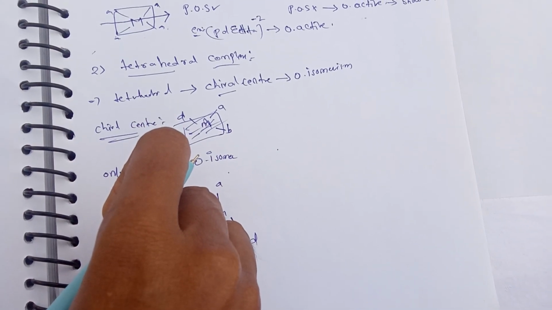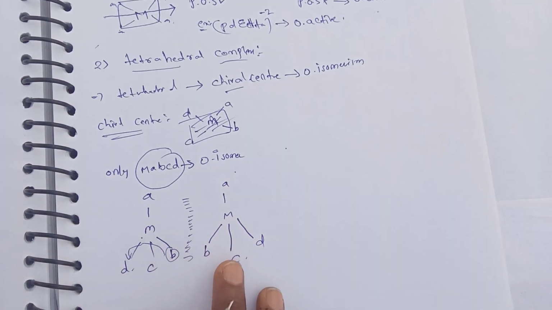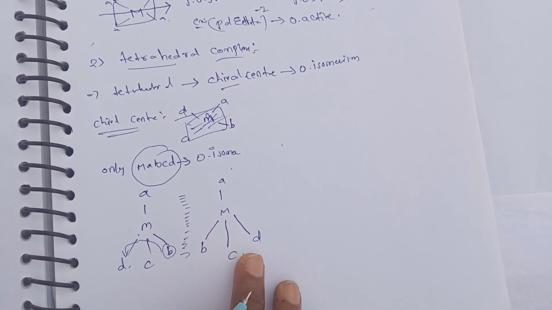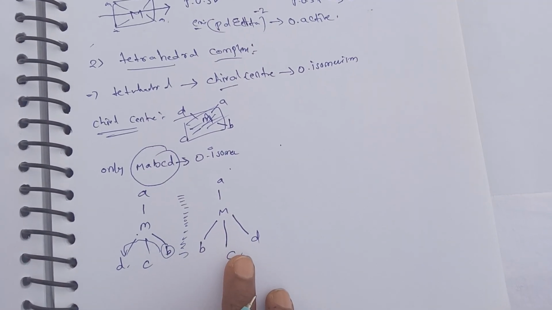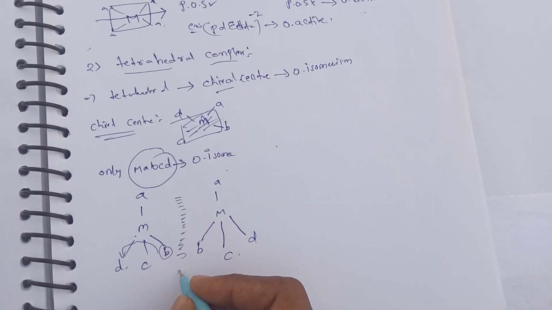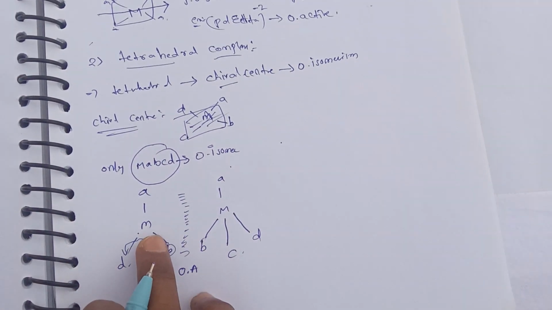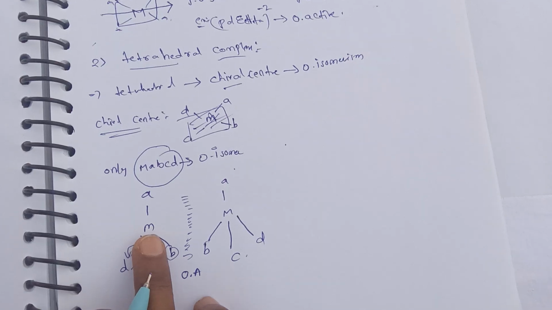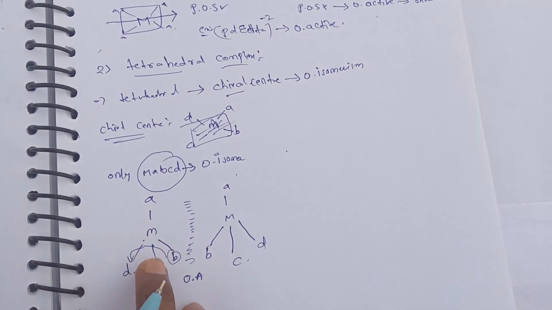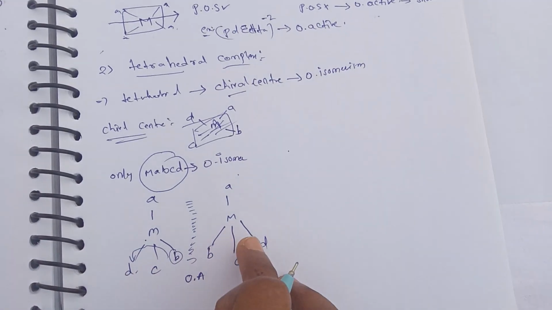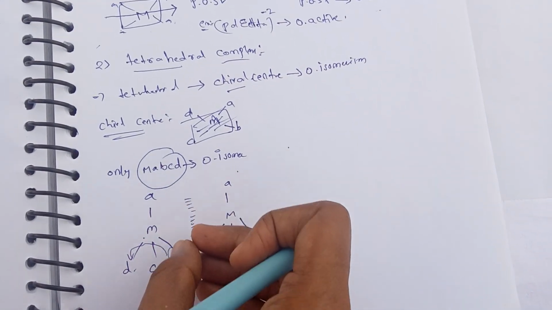And there is no mirror here, mirror images, and it is not optically inactive. That means this is optically active. This shows the chiral center. That metal has the chiral center. That means there are different groups on this metal atom, and here also different groups on the metal atom, and they are mirror images.